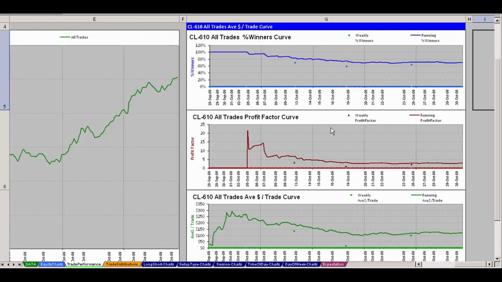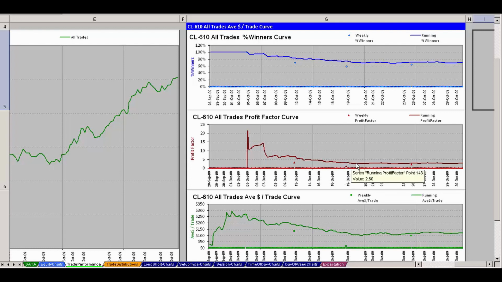Now when we look at our profit factor on the next graph, we can see it jumped around a little bit. Remember, it's got to stabilize somewhere. We've got to have enough trades in there to see where the stability point is. 30 or 60, even 100 trades really isn't quite enough. There's some magic number out there in terms of the number of trades where the system finally begins to stabilize.